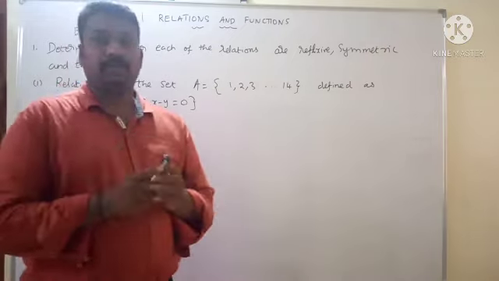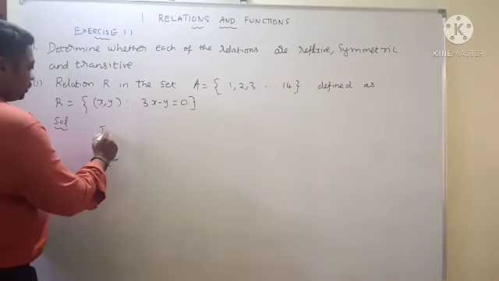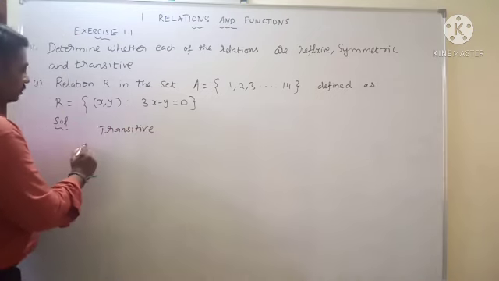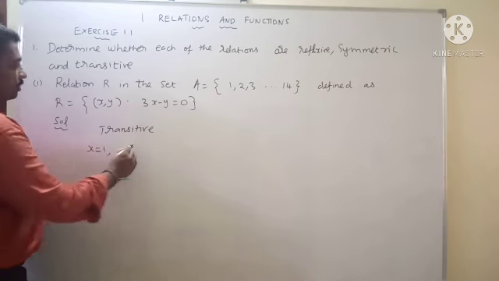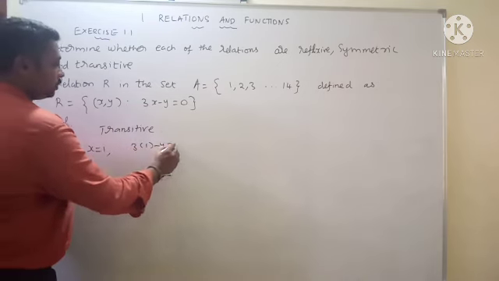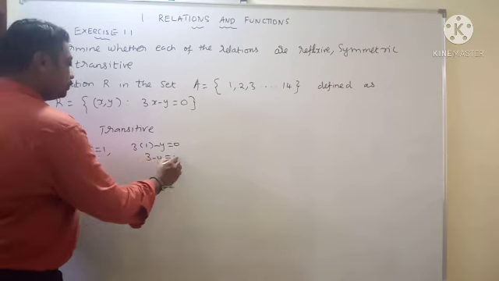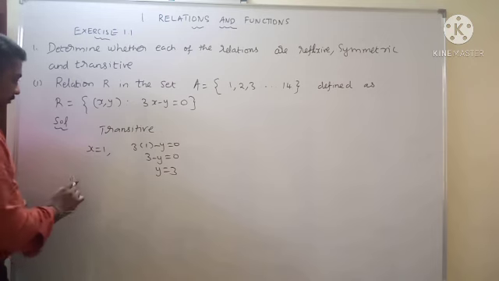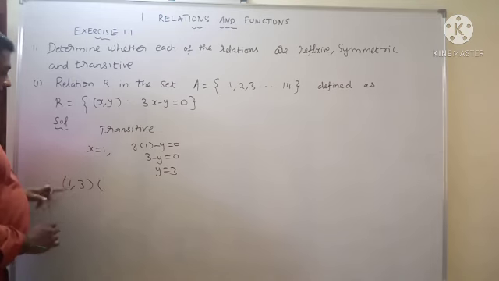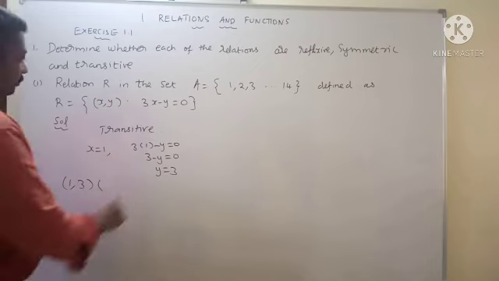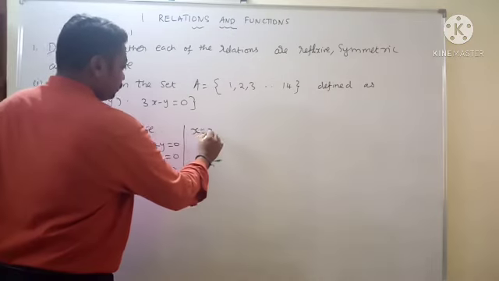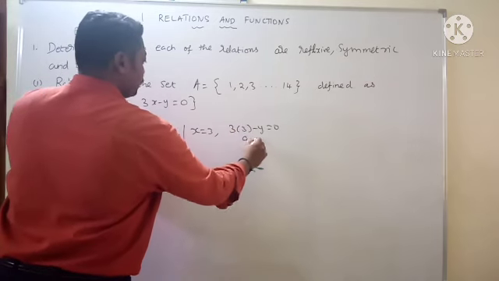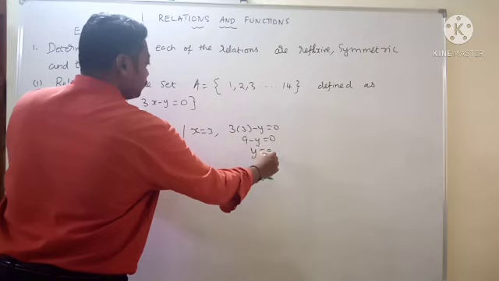So now we check for transitive. What is transitive? For example, let x equal to 1. 3 into 1 minus y equal to 0, 3 minus y equal to 0, so y equal to 3. So for the input of 1, we are getting output 3. Then for x equal to 3, 3 into 3 minus y equal to 0, 9 minus y equal to 0, y equal to 9.